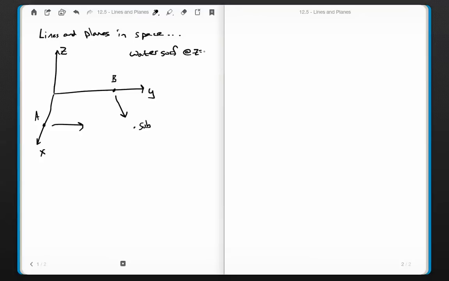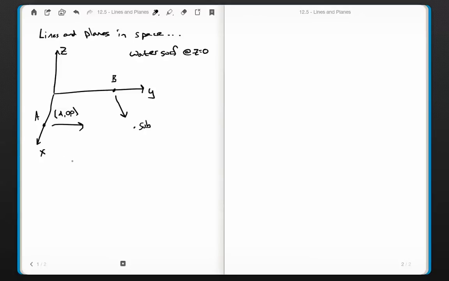Okay, and then the way we solved this was to say, all right, well, here's A, and that was at 4, 0, 0. And we said there's some vector going this way. We knew the direction, but we did not know the distance.